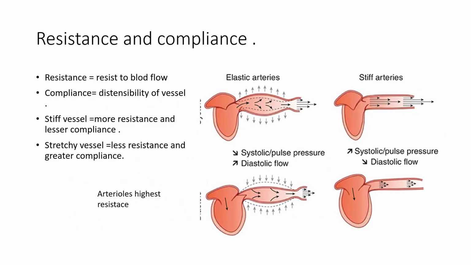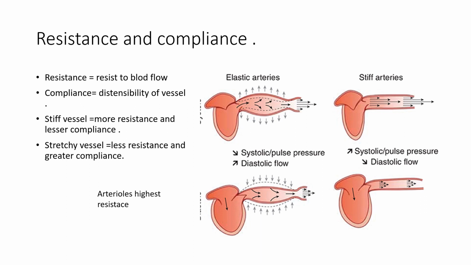So what is the difference between resistance and compliance? Resistance is basically how much the artery resists blood flow, and compliance is basically the distensibility of the vessel, like how much it can spread. You can understand it like this: a stiff vessel has more resistance and less compliance.